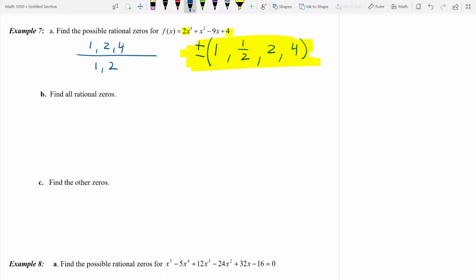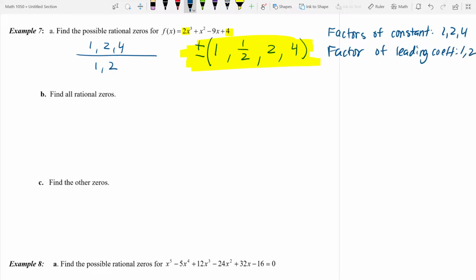I need to look at a rubric, but I remember they did something like this. Write this down. Factors of constant, and then they listed them: 1, 2, 4. Factors of leading coefficient, and then they wrote it as 1, 2, and then plus all the other stuff I have on there.